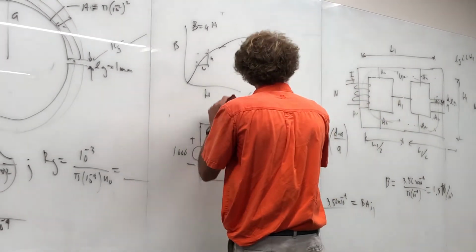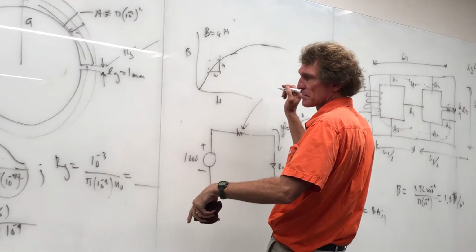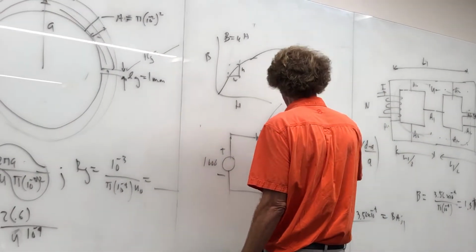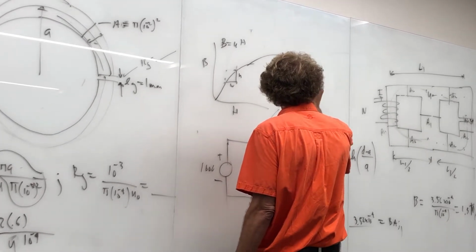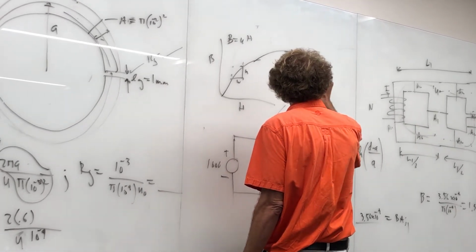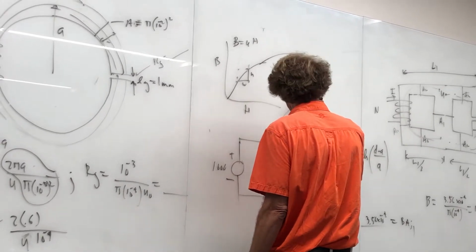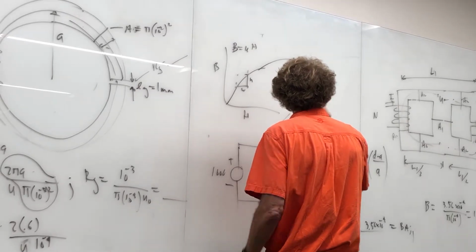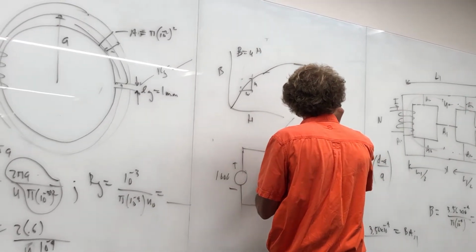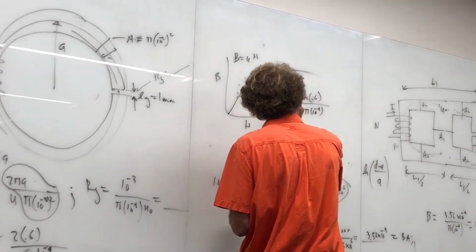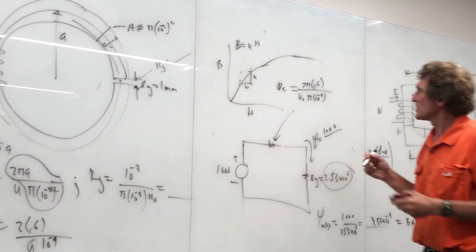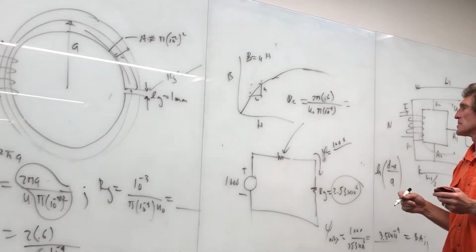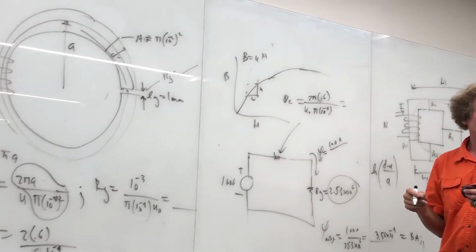This reluctance should be the length, which was 2 pi A, or 2 pi times 0.6 over mu, which we're going to assume is mu naught, times the cross-sectional area, which is pi times A squared, or pi times 10 to the minus 4. This should be the core reluctance for starters. And what do you get for this? The pi's cancel. So this looks like a fairly large value. Which value do you get?